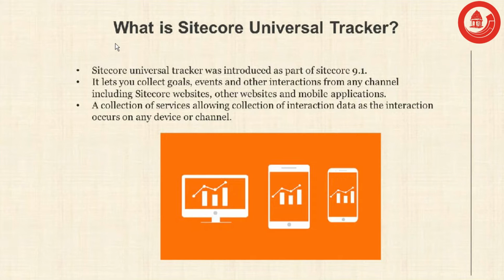And both the data is integrated and available on the Sitecore XConnect interface, like the dashboard where you can see the reports. Now you'll be able to see how many users have come from mobile app, how many users have come from the desktop website. There'll be different channels for that, and the report will be integrated in one interface. So the advantage is you'll be able to see reports both from mobile device as well as from the desktop application in one interface.